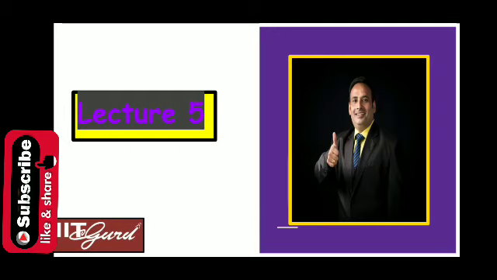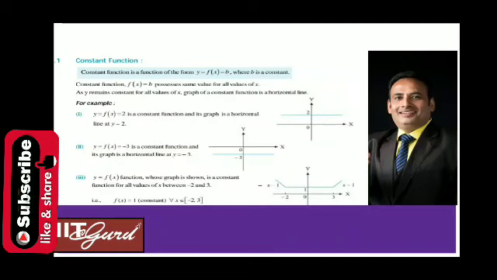Before the inverse trigonometric functions, let's come to transcendental functions. First is the constant function, f(x). A constant function is a function in which the range is only a singleton set. Singleton set means there is only one element in the range, just like y equal to b.